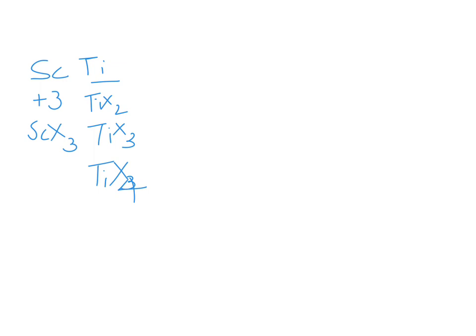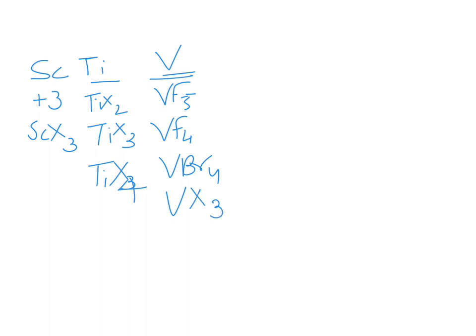Then vanadium can show various oxidation states: plus 5, that is VF5, plus 4, VF4, then plus 4, VBr4, then VX3, that is plus 3, VCl2, that is plus 2.